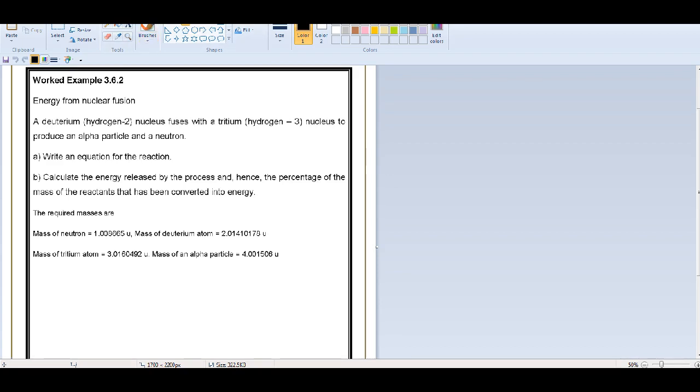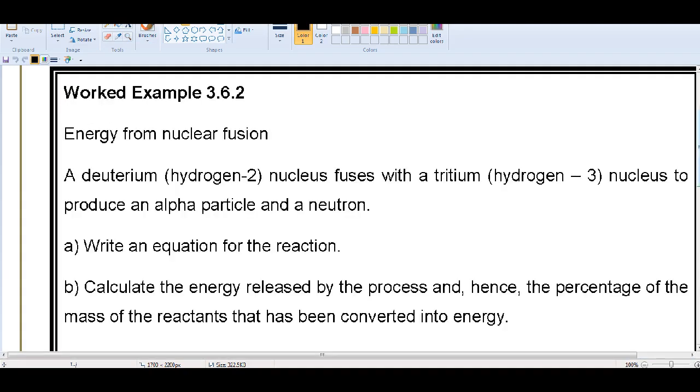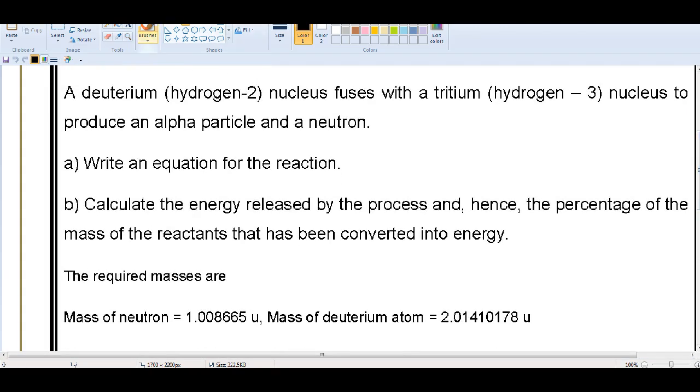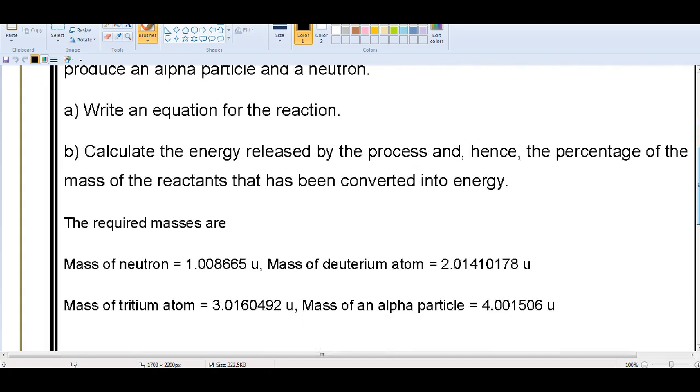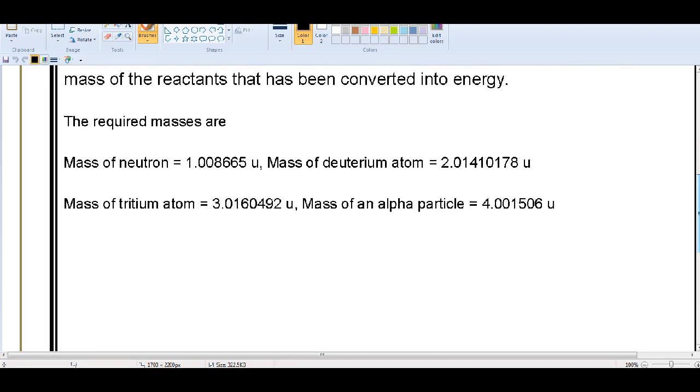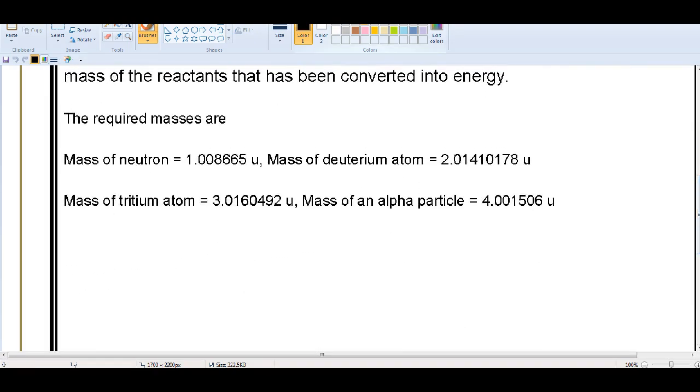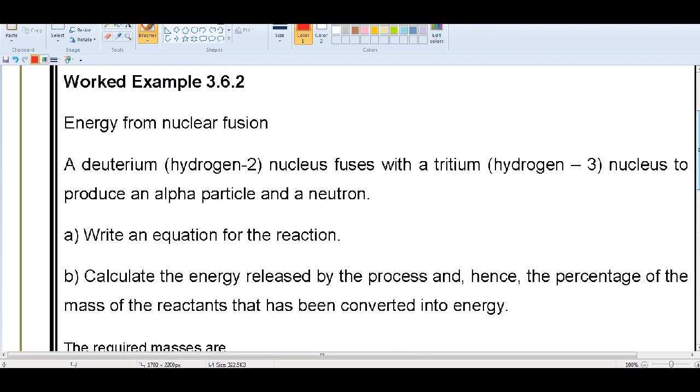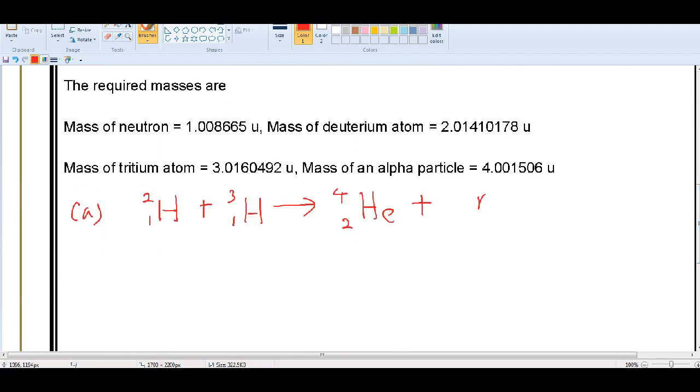I don't think you need to visit the periodic table this time. All you need to remember is that hydrogen has atomic number 1. So hydrogen-2 and hydrogen-3 become helium, the alpha particle, 2 and 4, and one neutron, 0 and 1.